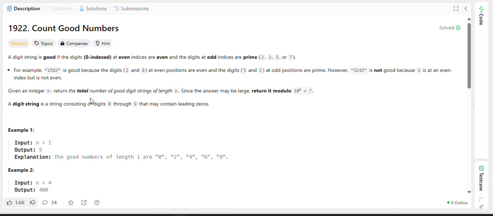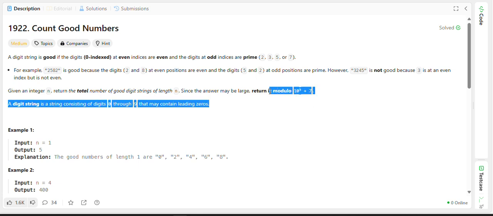So what does the question actually want us to solve? You will be given an integer n and return the total number of good digit strings of length n. So we will be given n and we should check how many good strings are there. Since the answer may be large, return it modulo 10 to the power 9 plus 7.